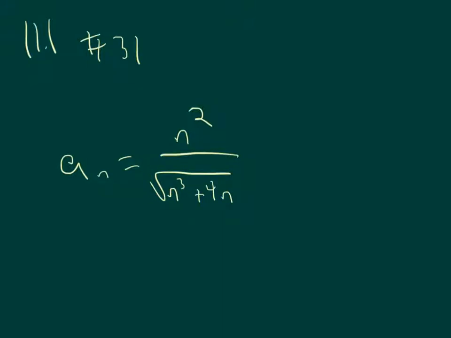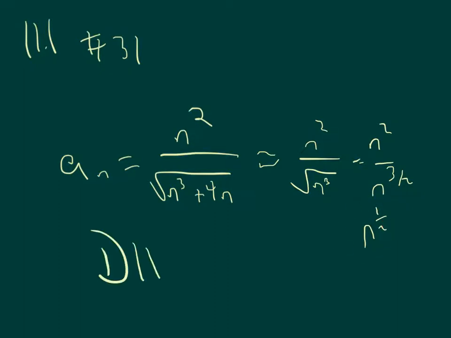So this is going to be approximately equal to, as n gets big, n squared over the square root of n cubed, which is n squared over n to the 3 halves, which is equal to n to the 1 half. So this is going to turn into the square root of n as n gets bigger. But as n goes to infinity, the square root of n is also going to go to infinity. So this is divergent. This is going to get really big.